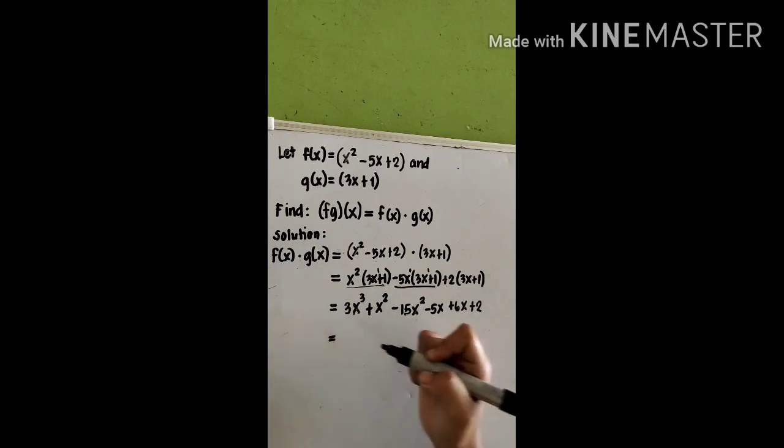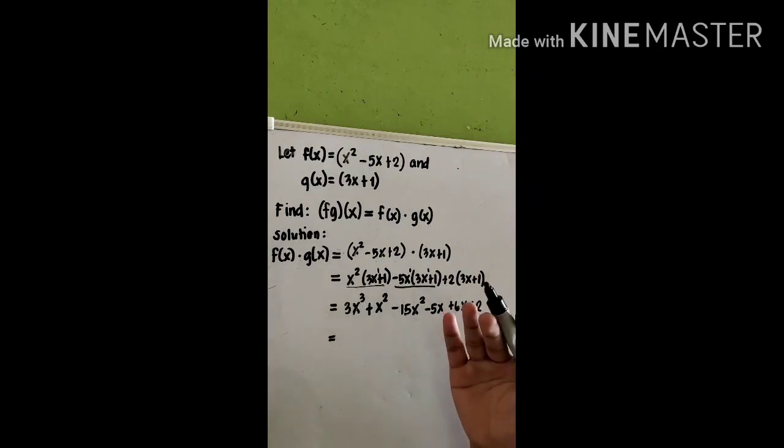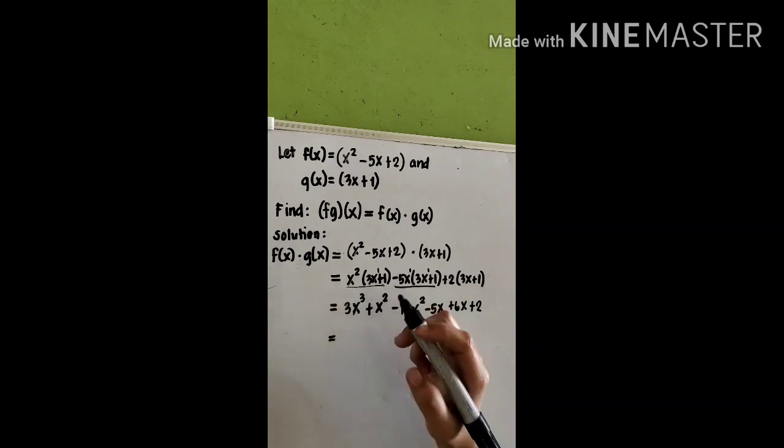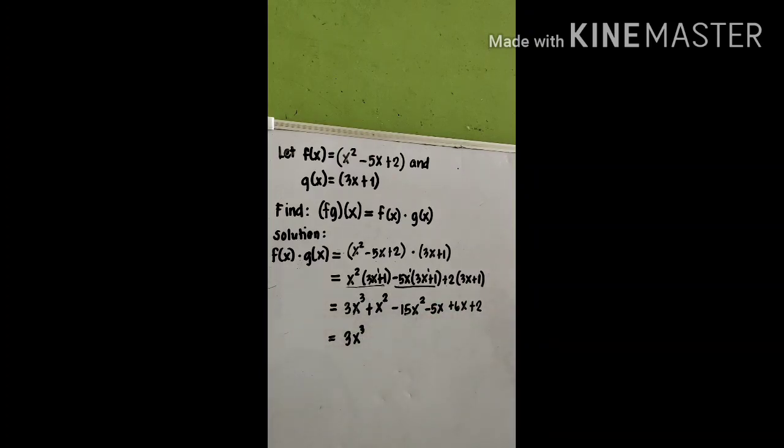So here we are just going to add like terms. So 3x cubed, we have no other term which has x cubed in it. So we just have to copy the x cubed. Now we have positive x squared and negative 15x squared.